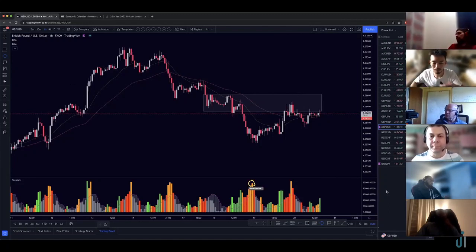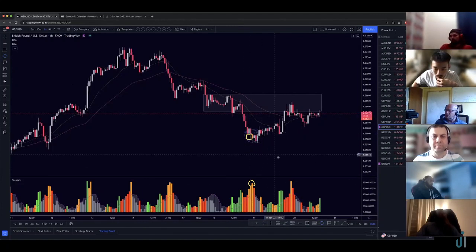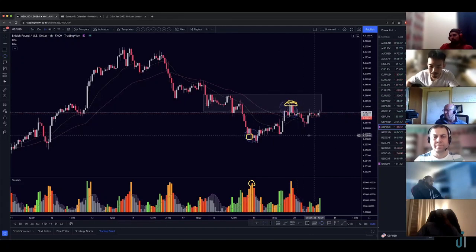Okay, because we got a bit of high volume here. Yep. Down at the bottom, and we also got high volume here at the top. Okay. So that's why I say it's sort of in a no man's land. It can go either way. Yep. So it's sort of ranging in this zone.